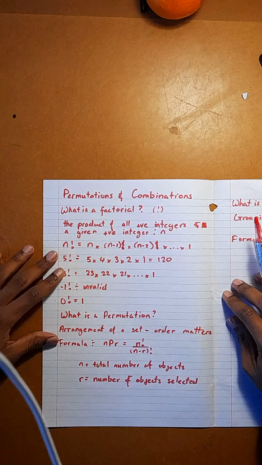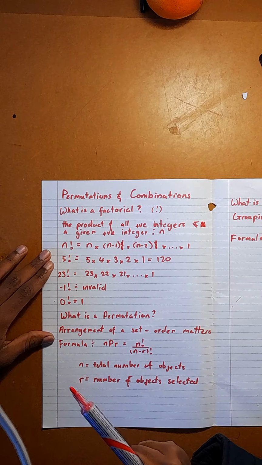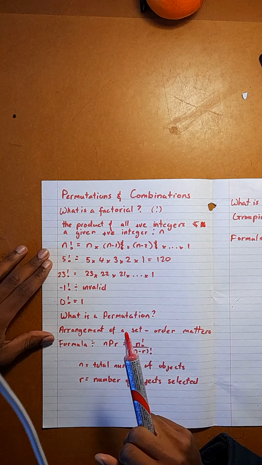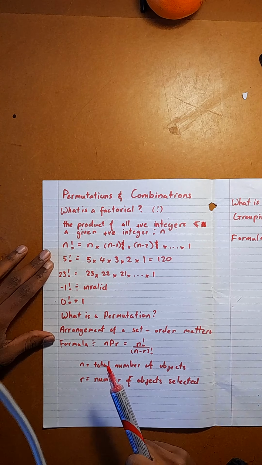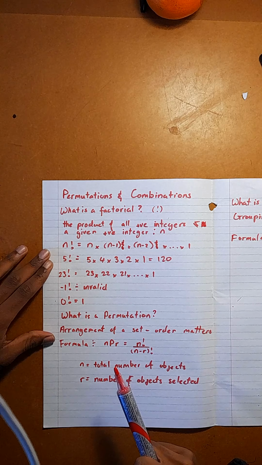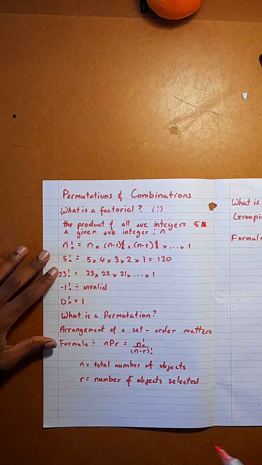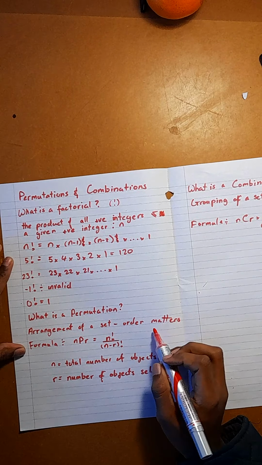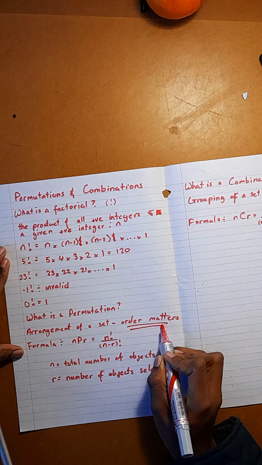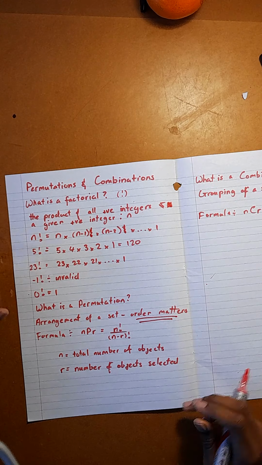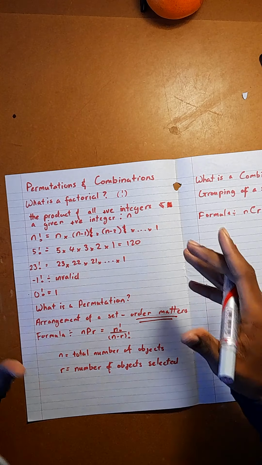Now that we have factorial out of the way, we can define a permutation and a combination. Permutation is the arrangement of a set. With a permutation, order matters. That's an important distinction. Order matters. So it's the ordering of a set, an arrangement of a set.